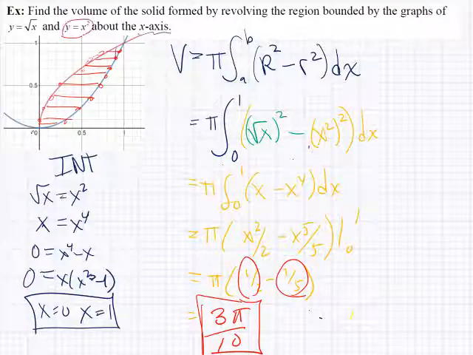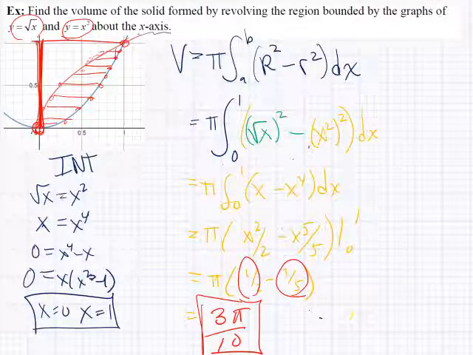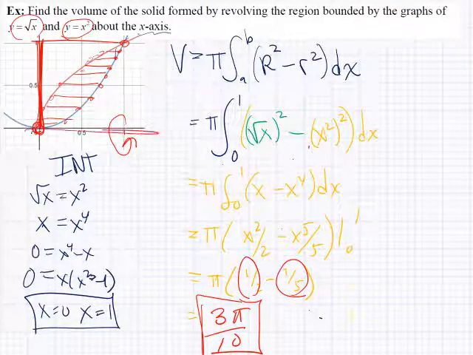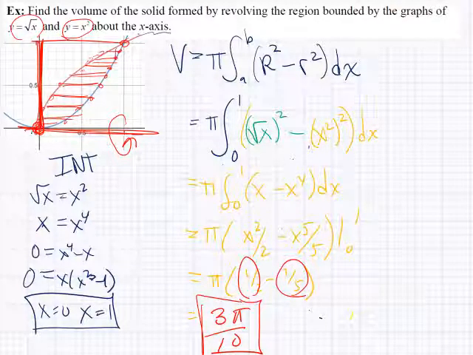So I'd have to flip these equations around so they're x equals instead of y equals. My width would be calculated along this axis, so I'd have to look at the intersection points in terms of the y values, not the x values. But I could have done the exact same thing and found the exact same volume. Again, it would still be rotated around the x-axis, but the rectangles I'm using to rotate would be set up horizontally.